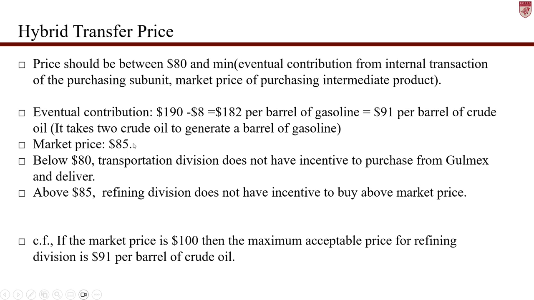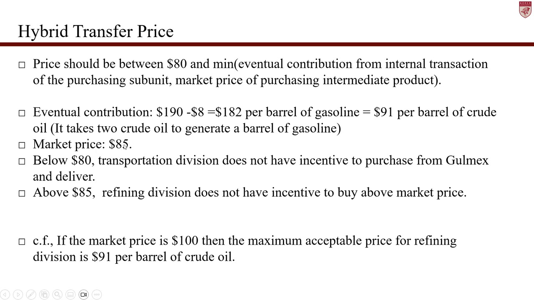Then, for an apple-to-apple comparison, we have to shift the $182 per barrel of gasoline to per barrel of crude oil. But remember that we know that it takes 2 barrels of crude oil to generate a barrel of gasoline. What we can do is divide 182 by 2 to get $91 per barrel of crude oil. Okay. Now the minimum of these two is $85.